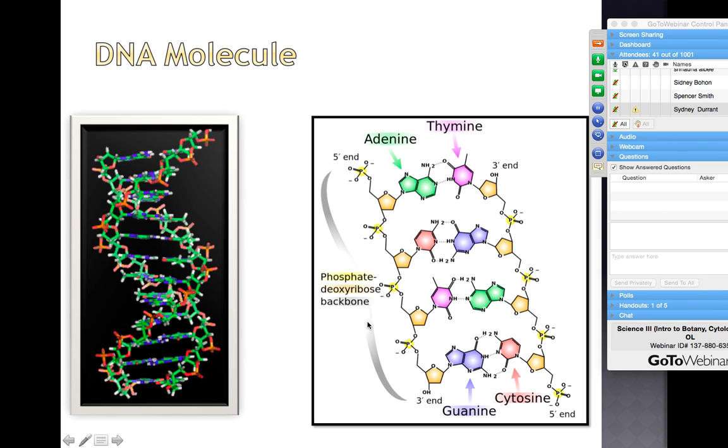In the one on the right, this one here. Yes, exactly. Okay, so the molecule has two backbones, one for each strand of the helix. Okay, so this is the backbone.